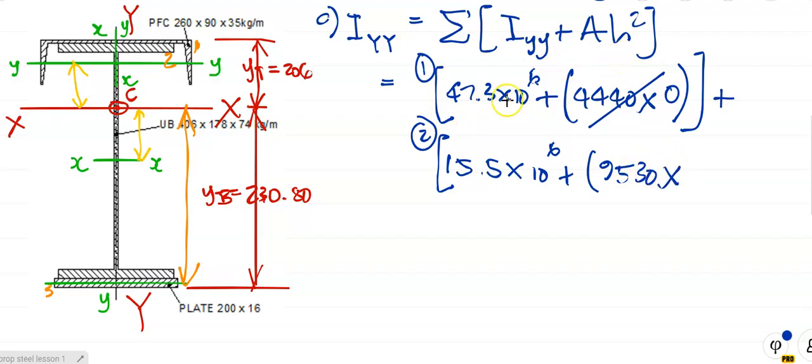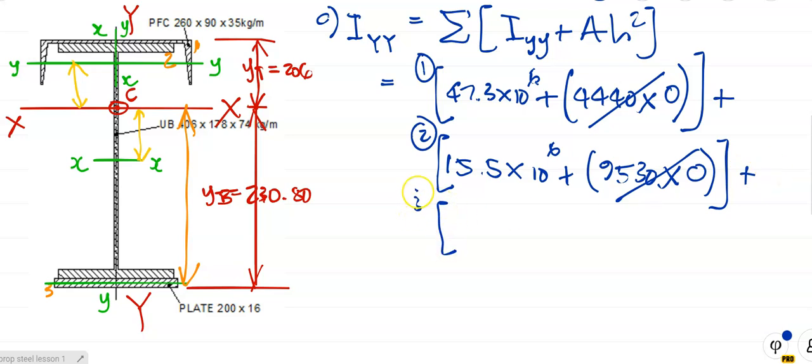What's h? h is the distance from the centroid of the element to the centroid of the whole cross section. So, how far is the y-axis of the I section from the y-axis of the whole cross section? They fall on the same line. Did you get that? A lot of people are going to give a distance there, and it is going to be wrong. So this term here, once again, just falls away. You need to be sure to understand that correctly.